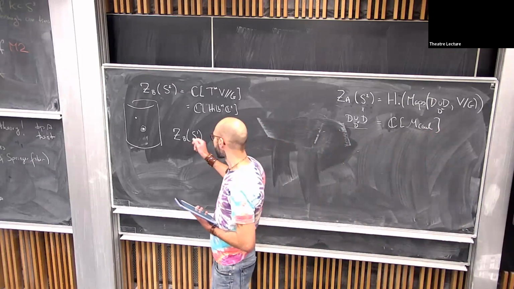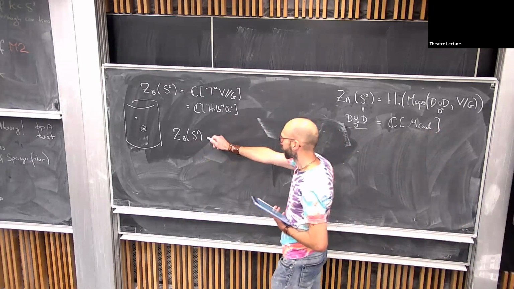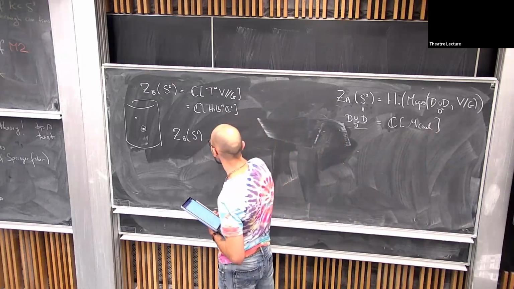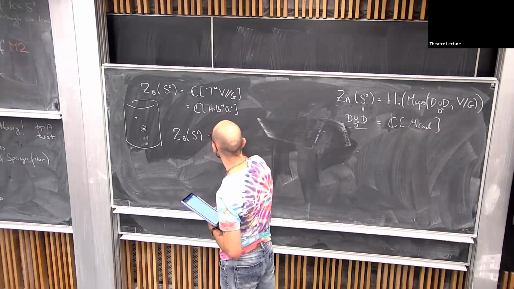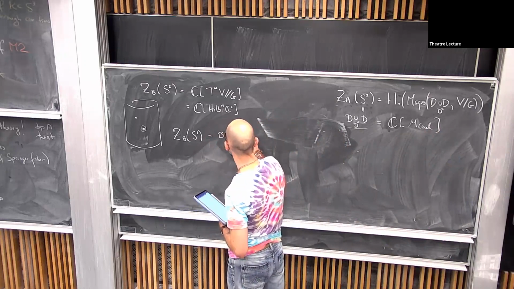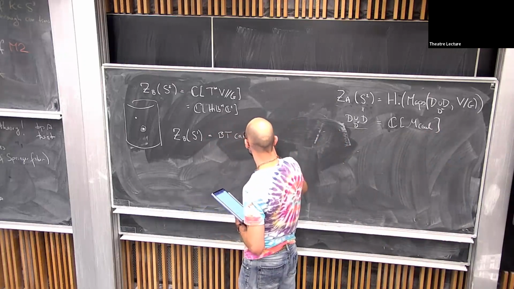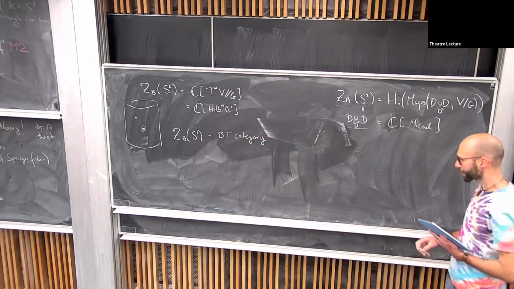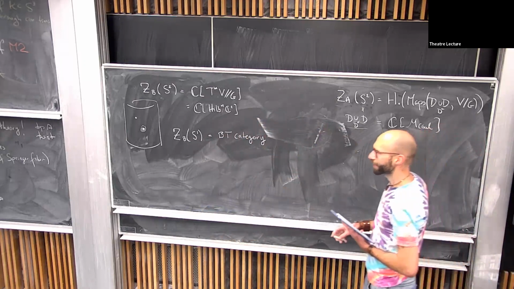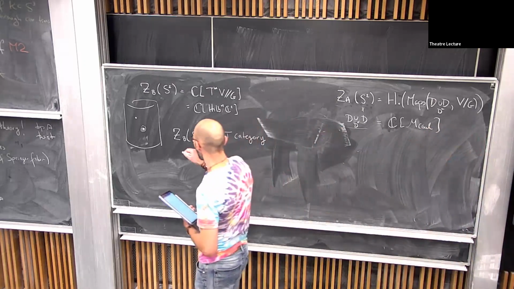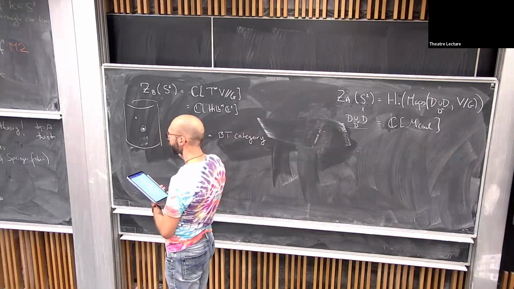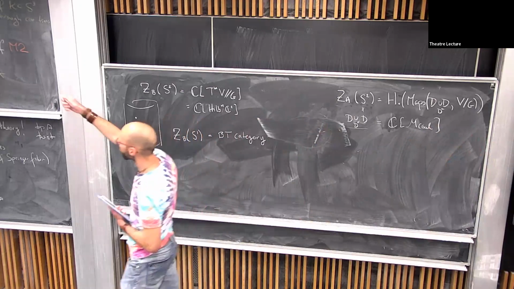Z of S1 is what we call the category of line operators. The expectation is that this is a braided tensor category. The braided tensor bit is not relevant at all for the knot homology construction, but it's interesting in general and what I would have talked about in the other talk. This Z of S1 is where the blue defects sit.